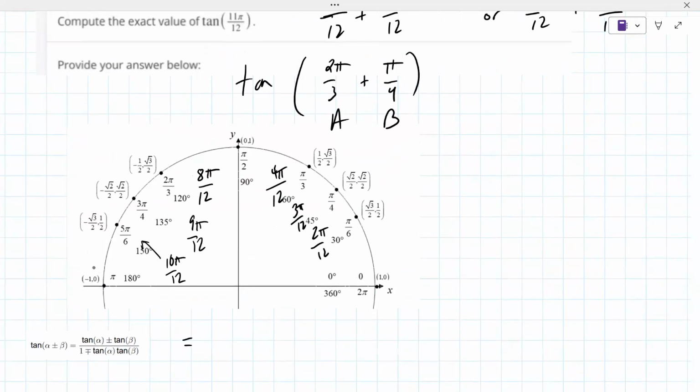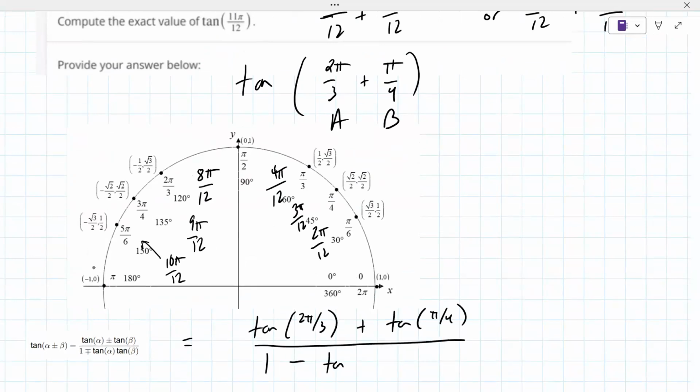So you've got tangent 2 pi over 3 plus tangent pi over 4, over 1 minus tangent 2 pi over 3 tangent pi over 4.